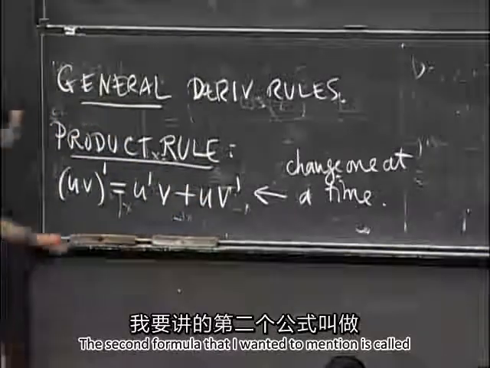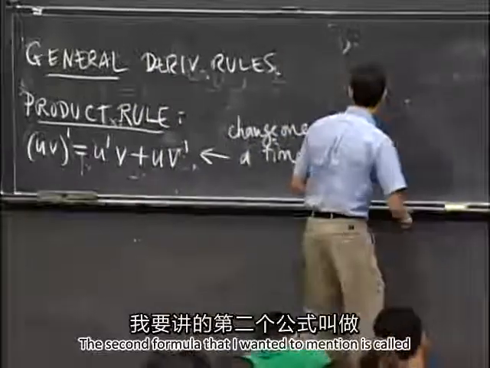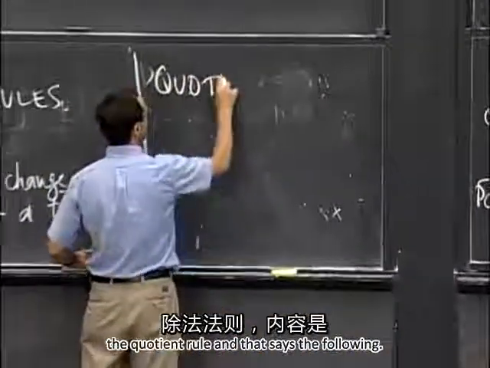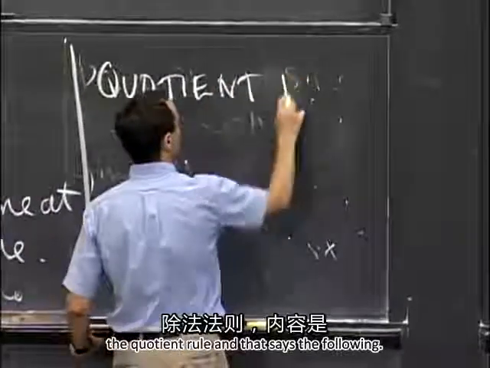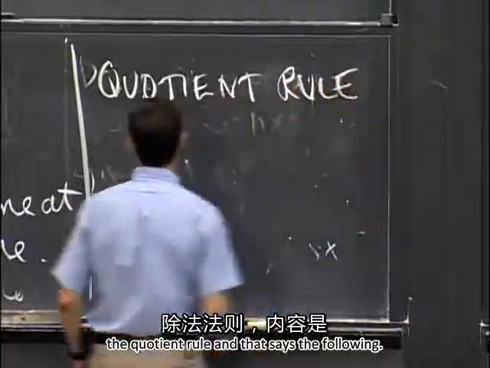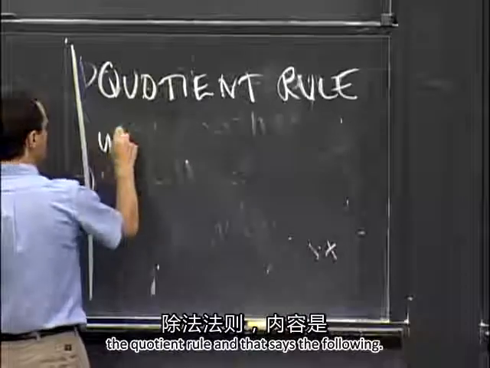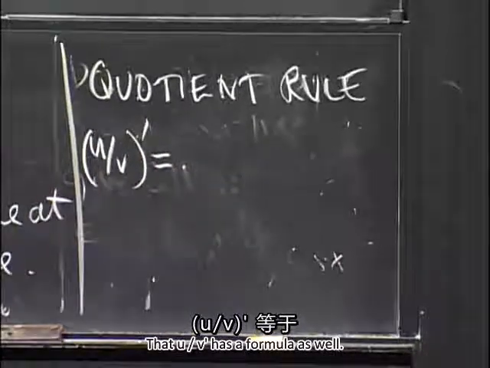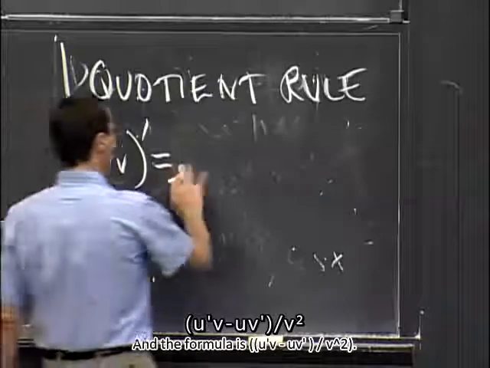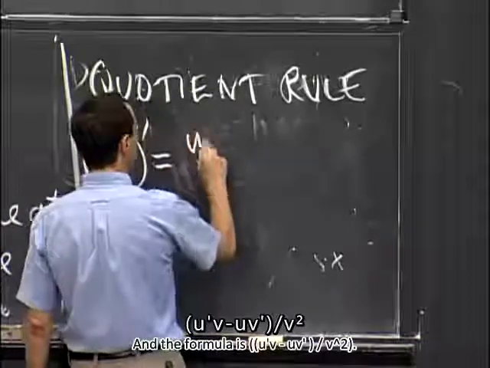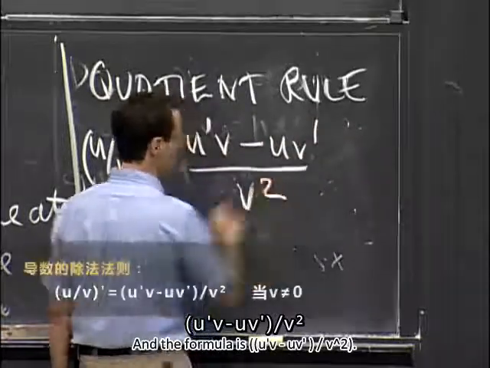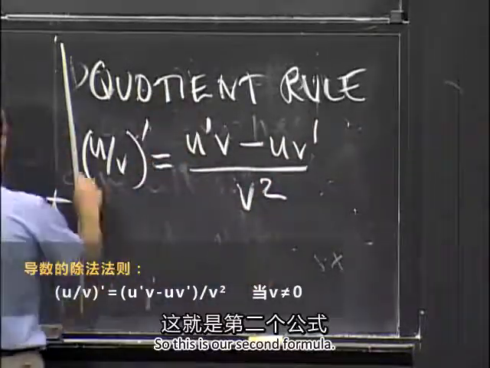The second formula that I wanted to mention is called the quotient rule. And that says the following, that the derivative of u divided by v has a formula as well. And the formula is u prime v minus u v prime, divided by v squared. So this is our second formula.